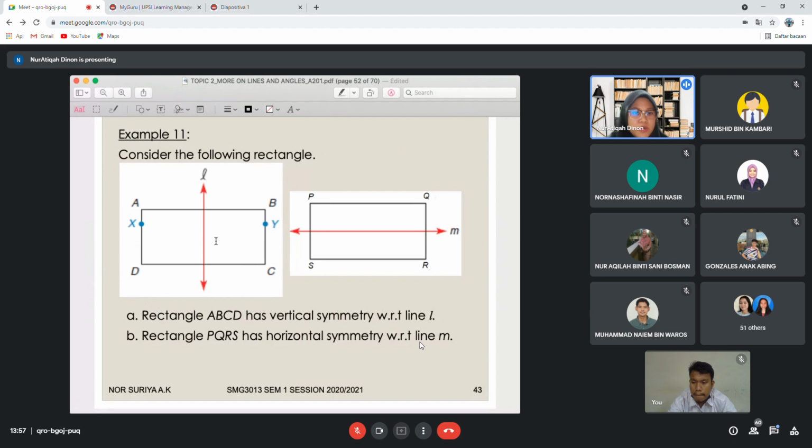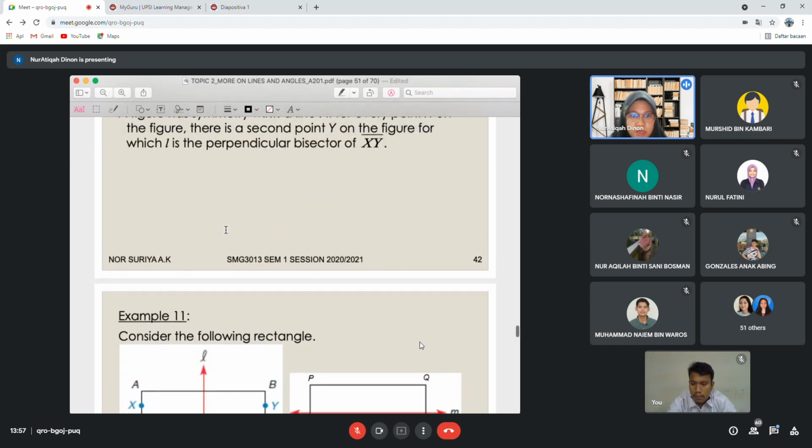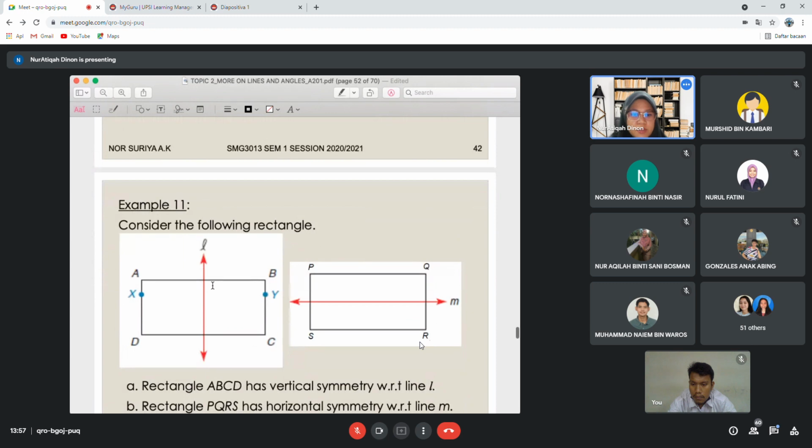You have rectangle ABCD, and it has a vertical symmetry with respect to line L. L is the perpendicular bisector for points A and B, and also for C and D.